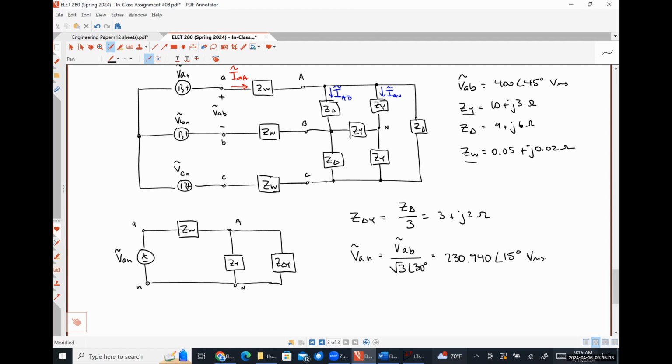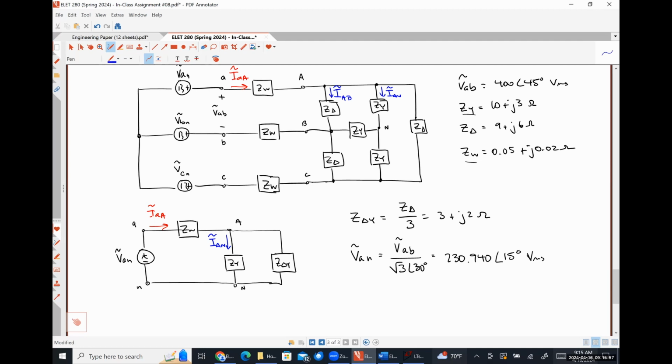So we now know all of the constituent parts of our single phase equivalent circuit. Now I'm going to draw on our single phase equivalent circuit what we can actually solve for, and then we'll figure out how to solve for whatever's left over. Our line current, IAA, is definitely something that's going to show up on our single phase equivalent circuit. It always has and it always will, right? We can definitely also find the phase current through our Y connected load.